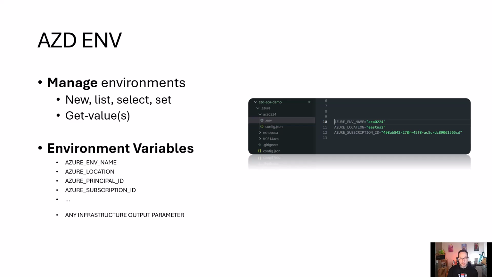You type in AZD environment new, and then you also got AZD environment list, you got AZD environment select, and you could also push some parameters, variables inside your environment configuration as well. Next to that, there's also a bunch of environment variables already available out of the box, specifically related to Azure, like a subscription variable, the principal ID, which I personally like.